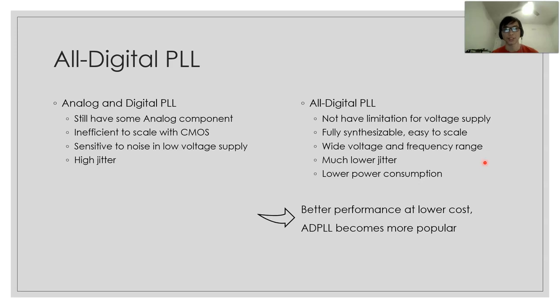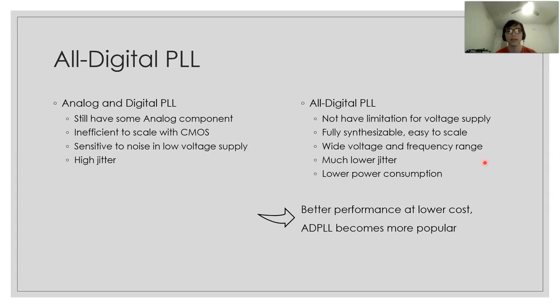So those are some disadvantages of analog and digital PLLs, and therefore researchers have come up with the all digital PLL. Because it's all digital, it's not limited by or does not require a minimum voltage supply to be accurate or operational.